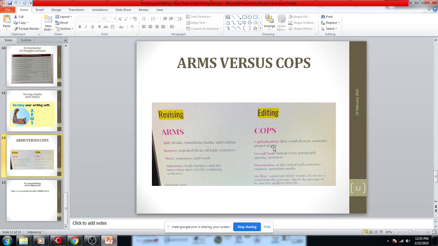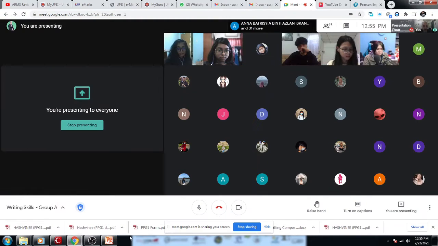Ensure that each sentence is capitalized: the first word of every sentence, proper nouns, and I. Overall look: indent every paragraph, make sure the spacing is right, and neatness. Punctuation: at the end of each sentence, commas, quotation marks, the types of punctuation that we have already gone through in an earlier class when we talked about mechanics, and they are also repeated in this lesson.